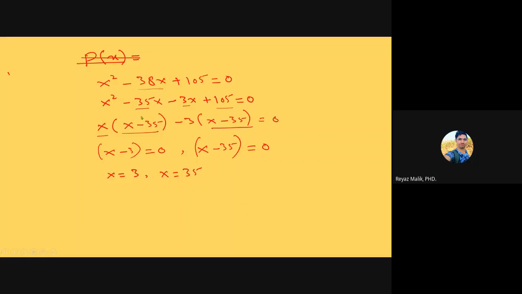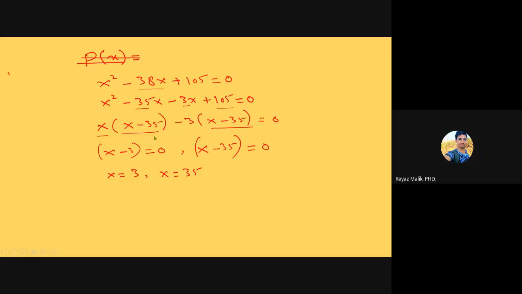I will repeat it once. After breaking this, first we have to take common from this term, then from this section we have to take common. But the portion inside the bracket should be the same in both cases: x minus 35 here, x minus 35 here. Then only we can take it as one common.